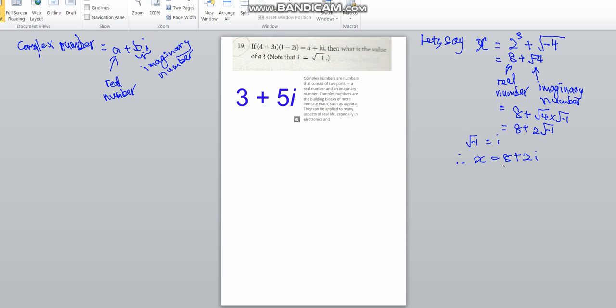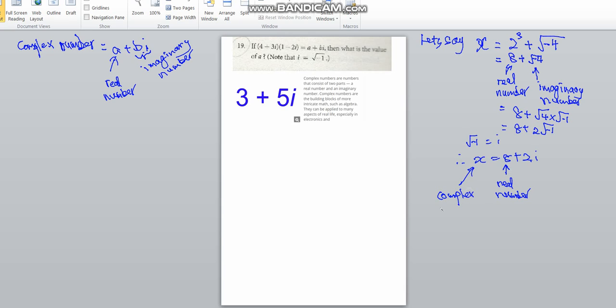So x is a number which consists of this part, the real number, and at the same time the value of x also consists of this imaginary number, 2i. So if these two make up the value of x, then x is called a complex number.